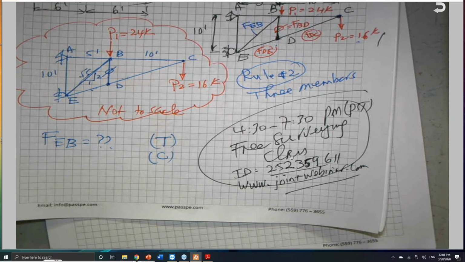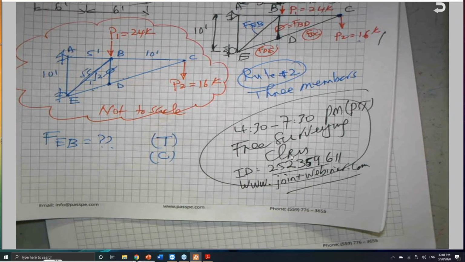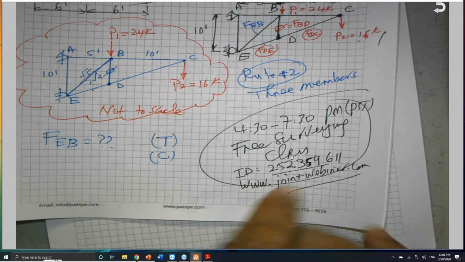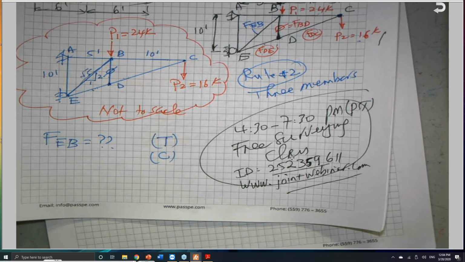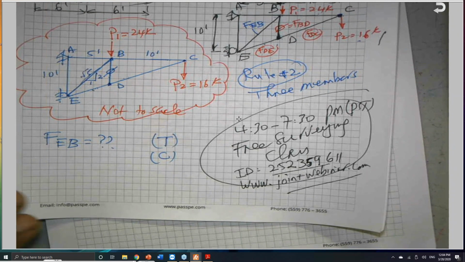And tomorrow I have also the same, but for seismic. But a different ID, by the way. Seismic is not the same ID. Call me if you would like to join me, and tomorrow is the last day also for the seismic. I have no problem with that.